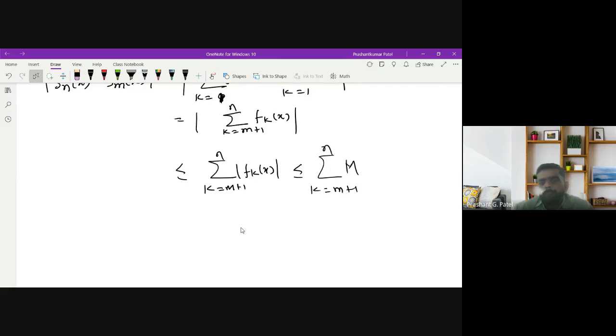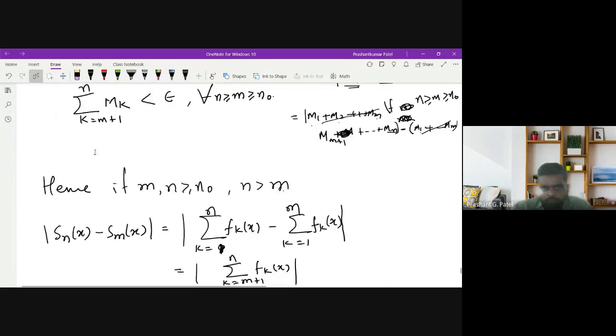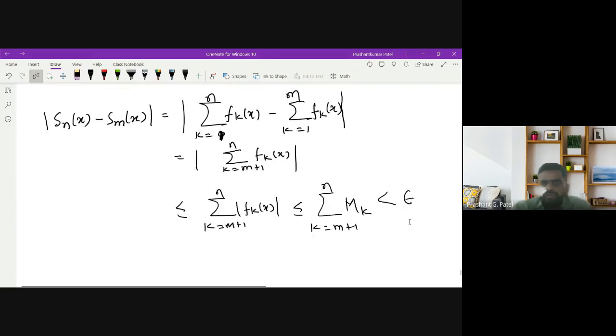And this is already less than epsilon for every n, m greater than or equal to n0, and for every x. So this is true when x is in E, and for every n, m greater than or equal to n0.